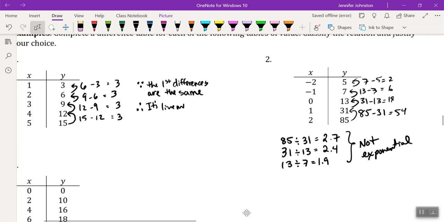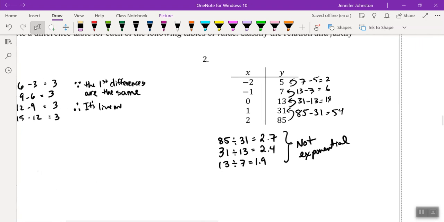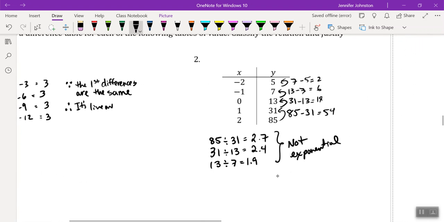We will see some that are exponential and some that are the same, but in this case it's not linear, exponential, or quadratic. So let's just say neither. It's not exponential, it's not linear.